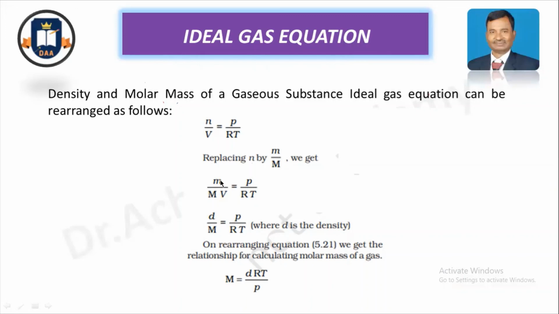Then this m by V, that is mass per volume, is considered as D, density. So D by M is equal to P by RT, where D is the density. If we rearrange, then M will be dRT by P. In this way, we can calculate the density and also the molar mass from this equation.